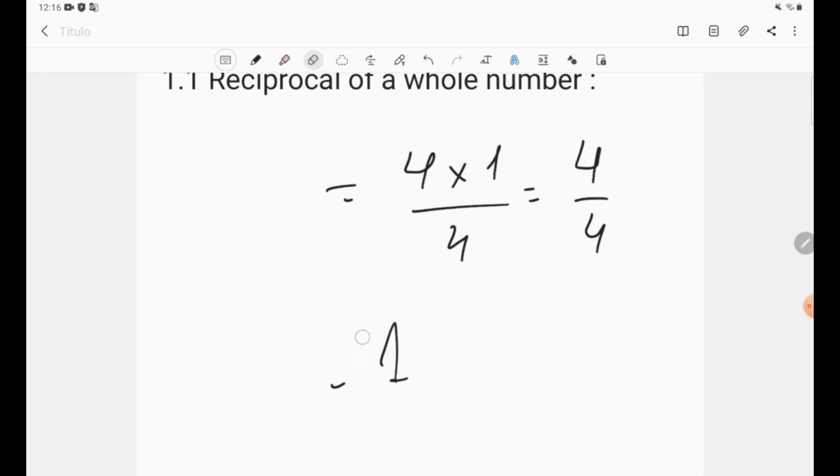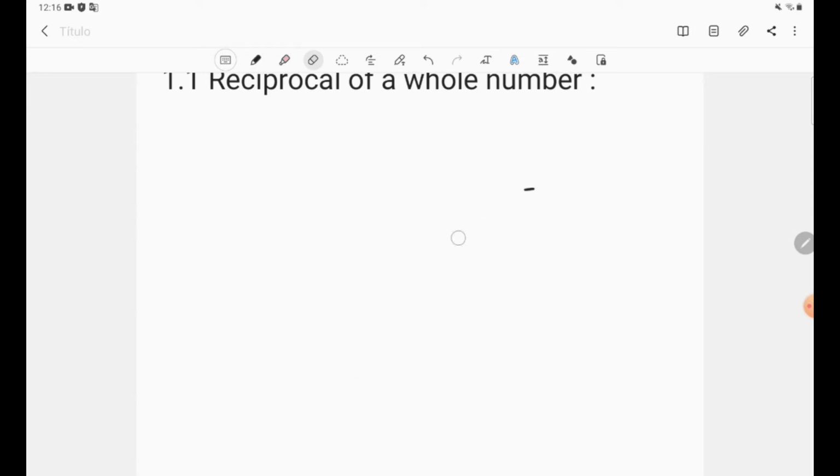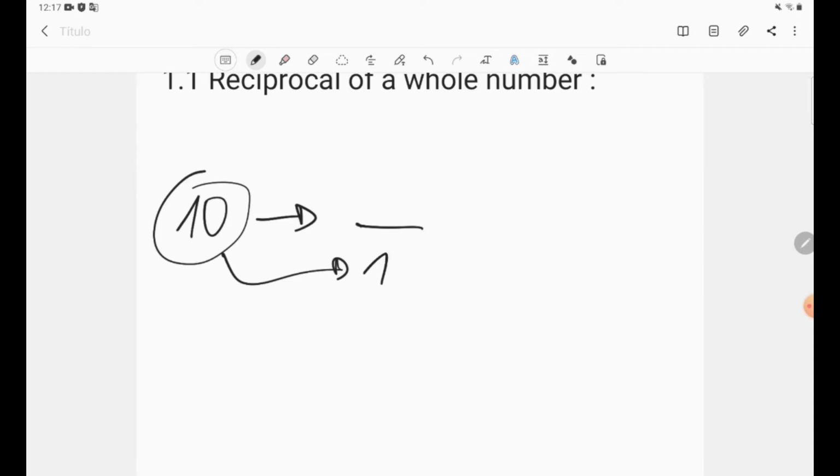This is the full explanation, but if you want to take it easy, the easiest way is this. For example, if we got a number 10, the reciprocal is always a fraction with this number in the denominator and number 1 in the numerator. Always like this.